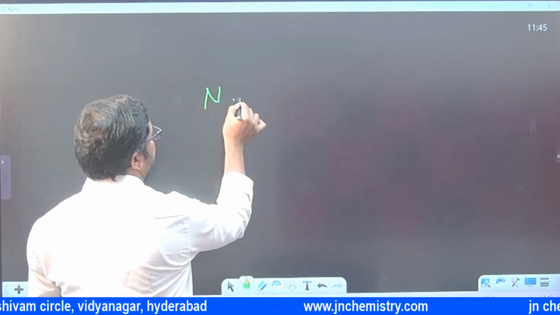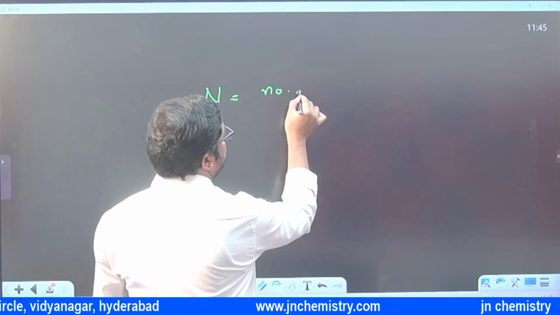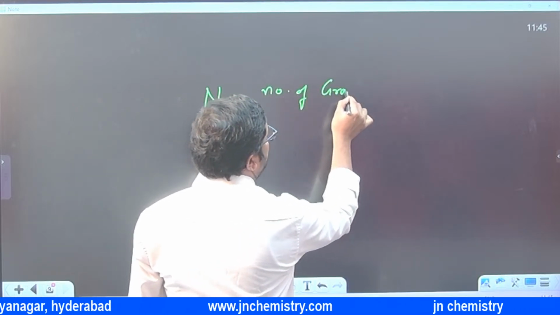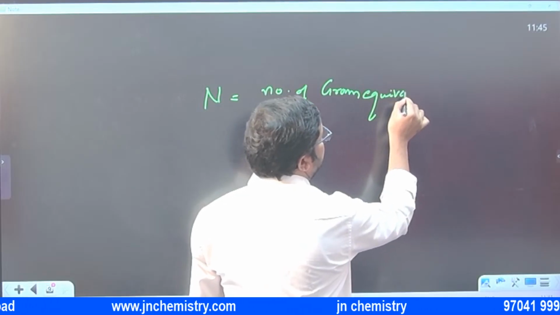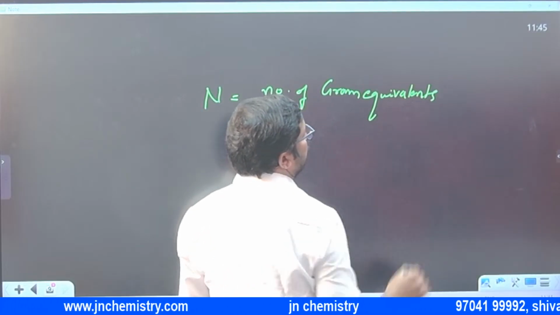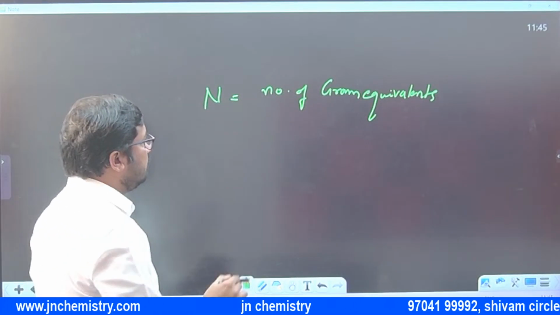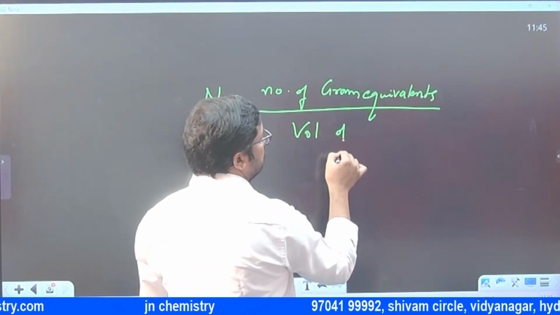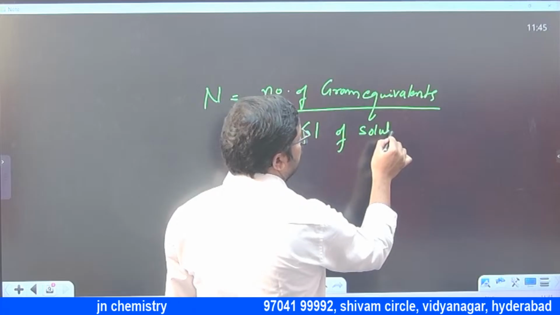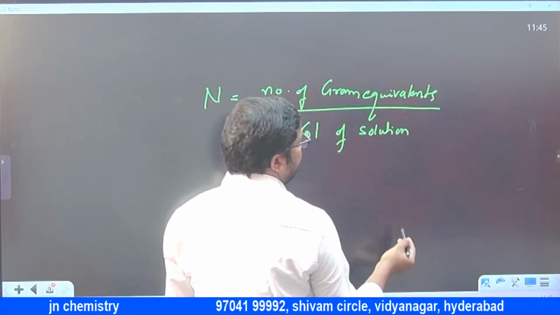Normality is equal to number of gram equivalents by volume of solution, volume of solution in liters.